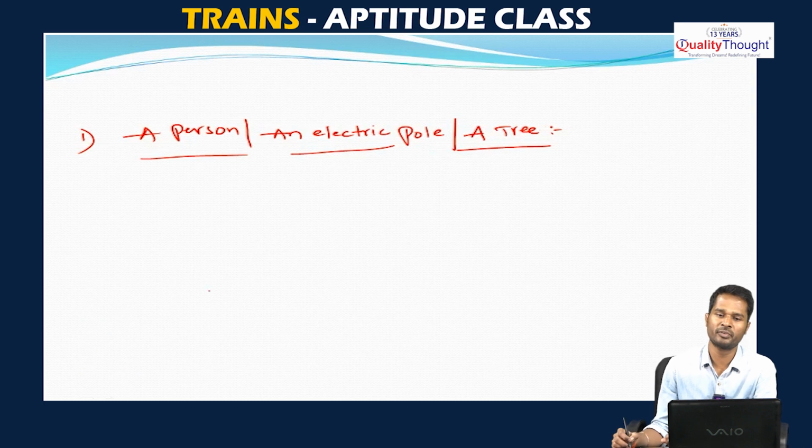Assume a train is moving and we can see there is a person or an electric pole or a tree in its way. Then in how much time will this train take to cross that person, or the electric pole, or the tree on its way.